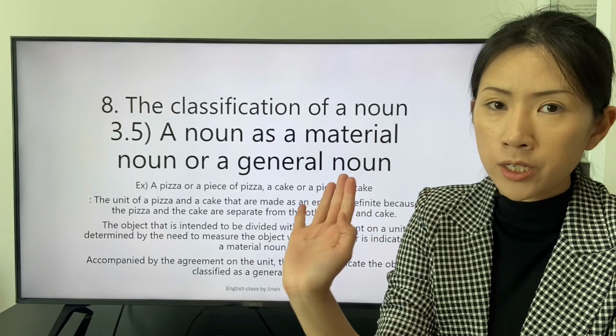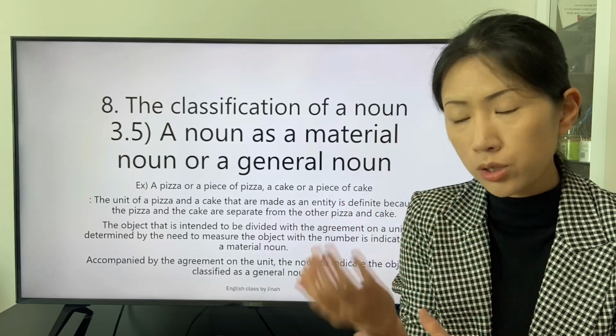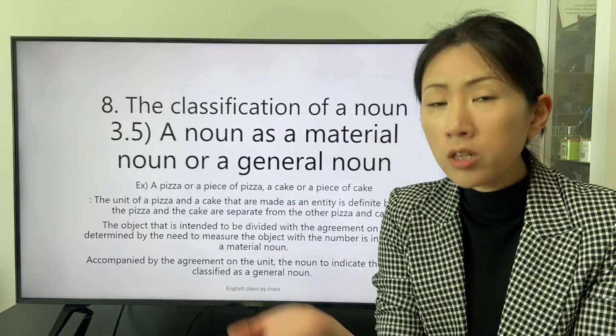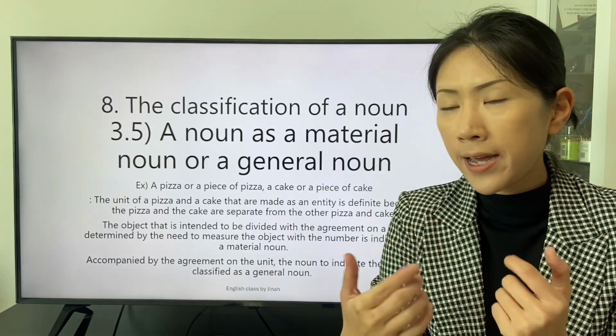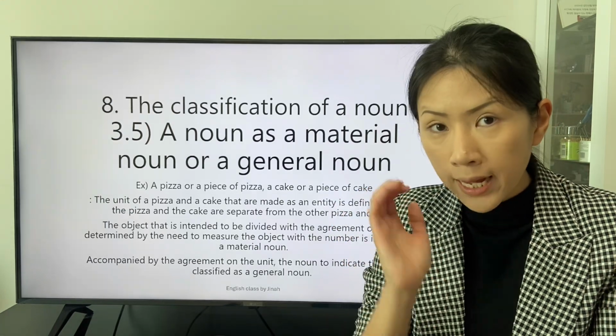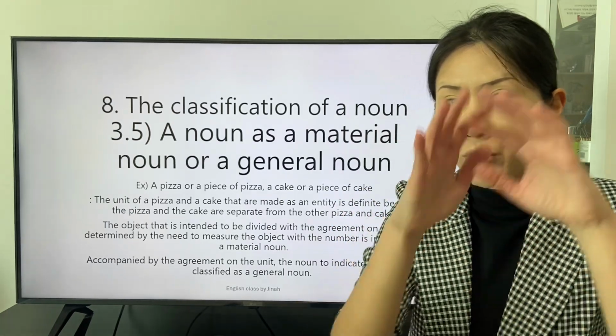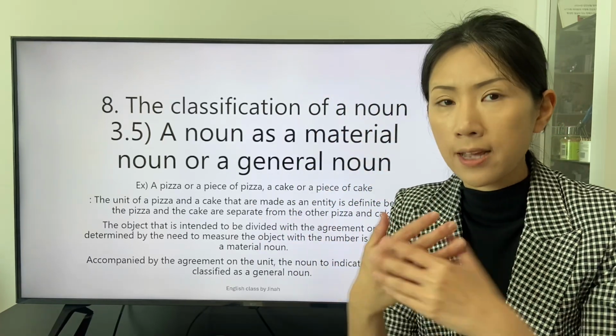This explanation is applied to the noun cake too. The whole cake is divided from the other cake. The noun cake is defined as a general noun because the unit of the cake is definite.